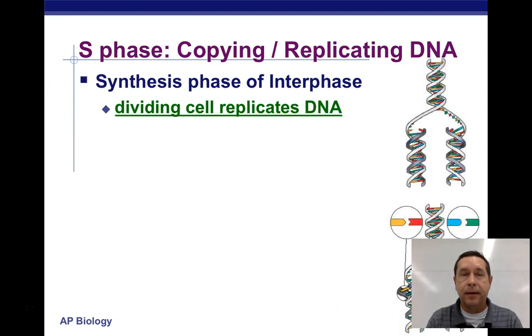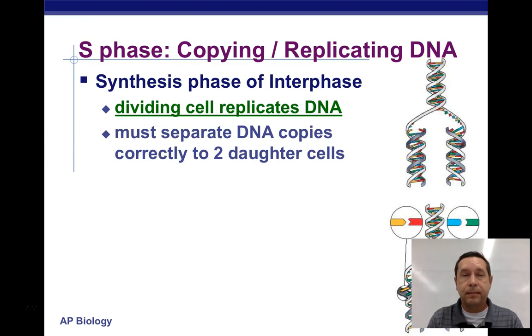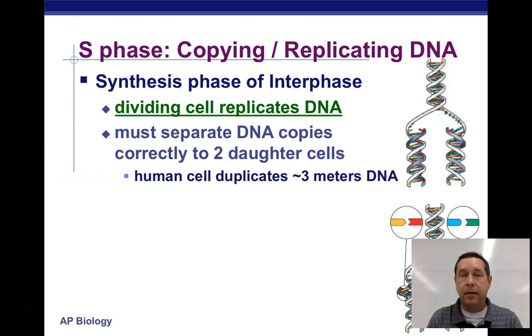So during the S phase, this is when DNA replication happens. It makes an identical copy of its DNA. So now you have a copy for each new cell. So when the human cell duplicates DNA, it's got to copy 3 meters of DNA.